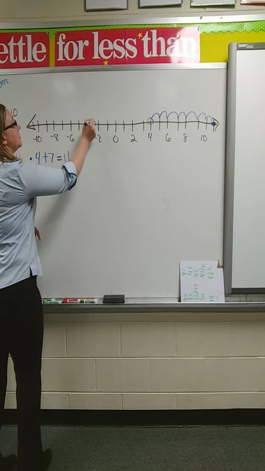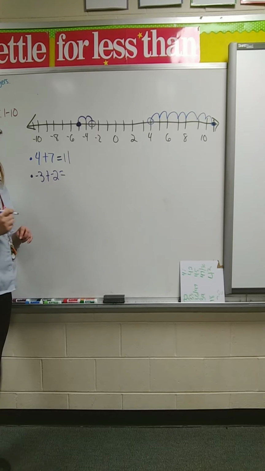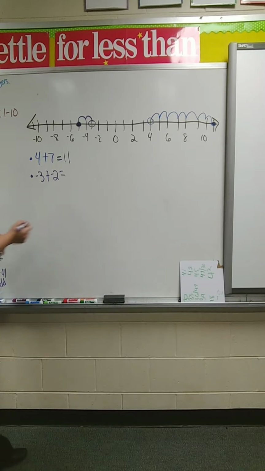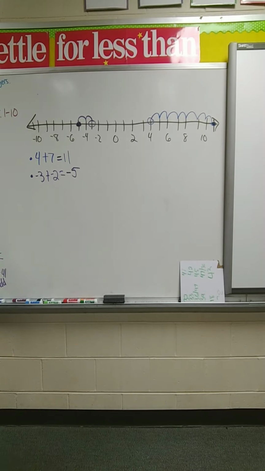So that's 1, 2 hops, filled in circle, and I end up at negative 5. So I had a positive plus a positive, and I got a positive. A negative plus a negative gave me a negative. That makes sense? Yes. All right.